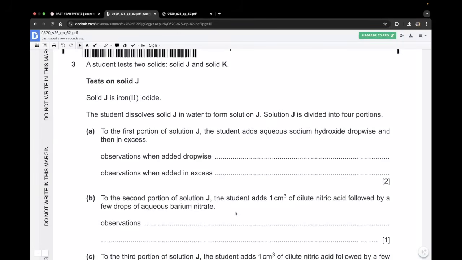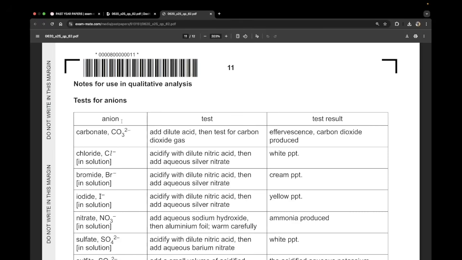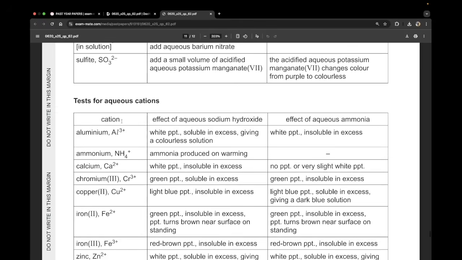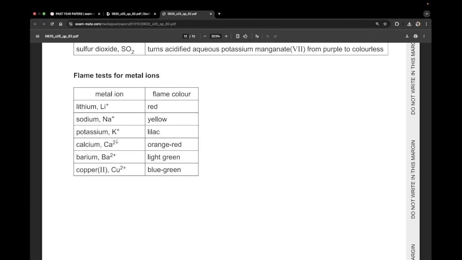All right, so moving on to the third question right here. A few years ago, this used to be much more difficult because they did not give you these tables at the end. Now you have these tests for anions, tests for cations, the gases, and the flame tests. We didn't have this a few years ago, so it's now much easier.